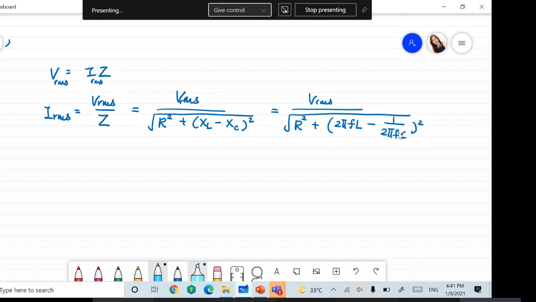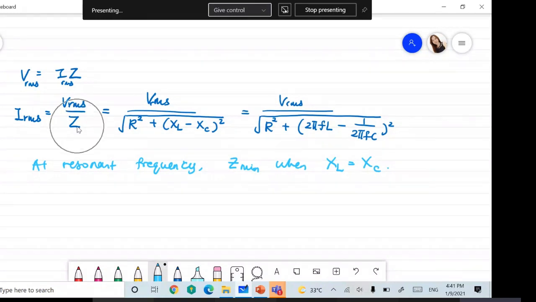At the resonance frequency, how can you get Z as minimum? When this term is minimum, how can you get this as minimum? R is independent of frequency, so you cannot change the value of R, right?